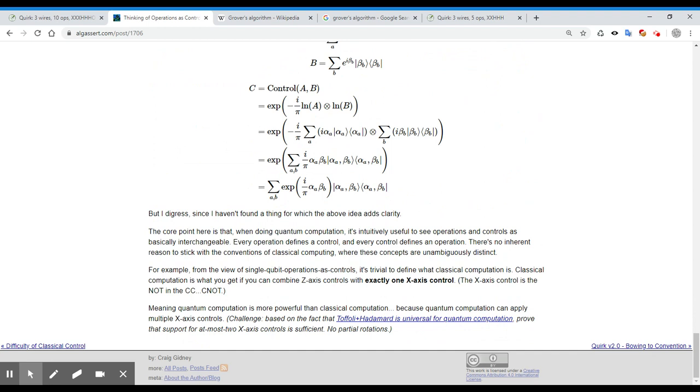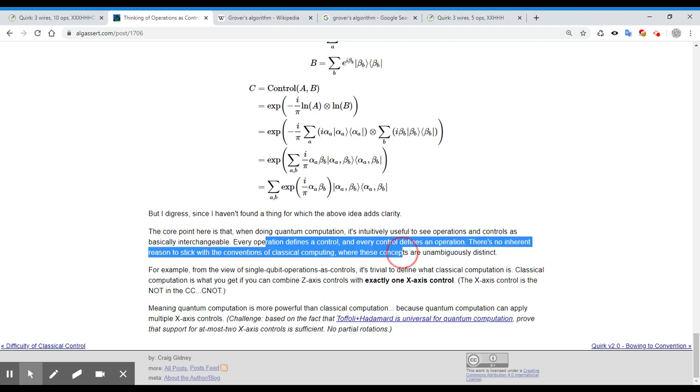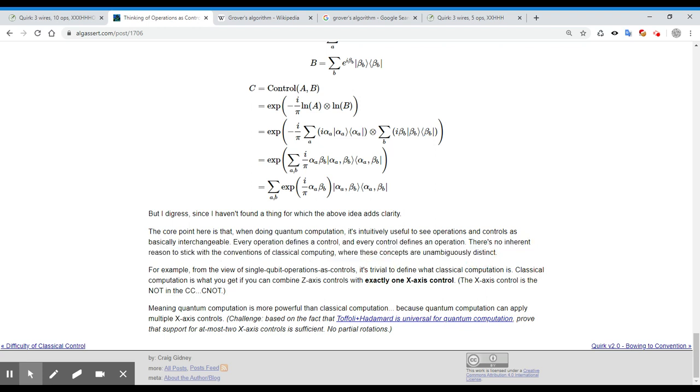Well, every operation defines a control, and every control defines an operation. There is no inherent reason to stick with the conventions of classical computing, where these concepts are unambiguously distinct. For example, from the view of single qubit operations as controls, it's trivial to define what classical computation is. Classical computation is what you get if you combine z-axis controls with exactly one axis control.